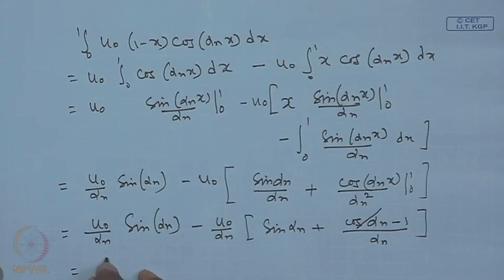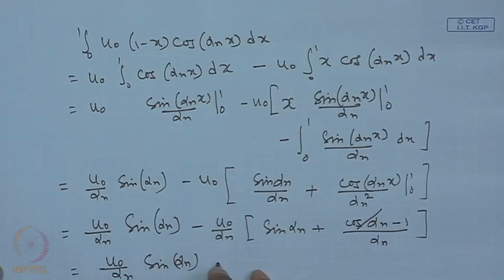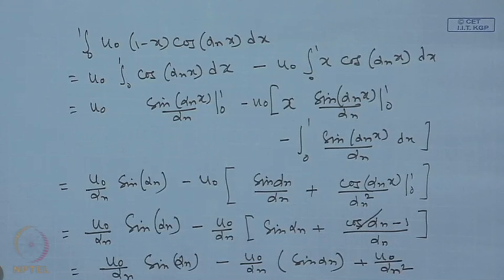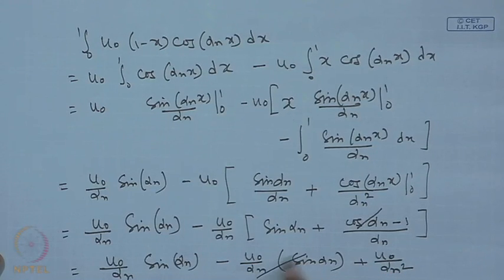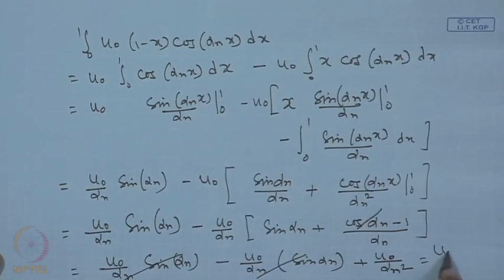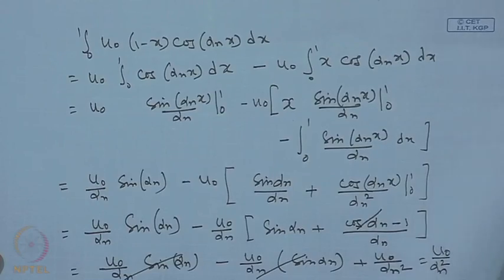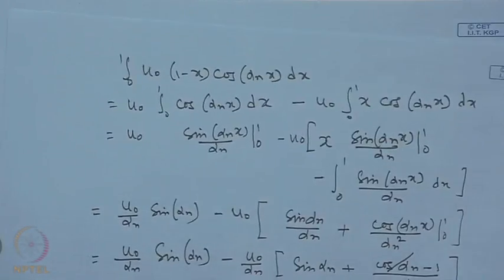So, what we will have is u_0 by alpha_n sin alpha_n minus u_0 by alpha_n sin alpha_n, plus u_0 by alpha_n square. Again, the sine terms cancel out. So, this integral is nothing but u_0 by alpha_n square. So, if we write down the complete solution, it takes this form.